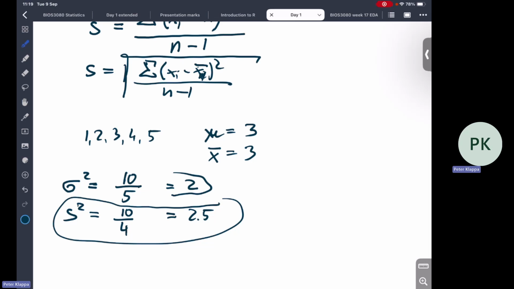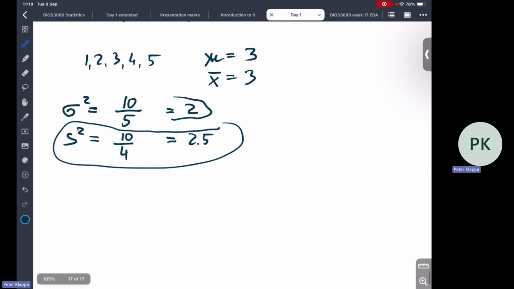So this estimated population standard deviation is always a little bit bigger than what we just simply calculate from the group of students that we have. Yeah, makes sense? Great. So that is why there are two standard deviations.